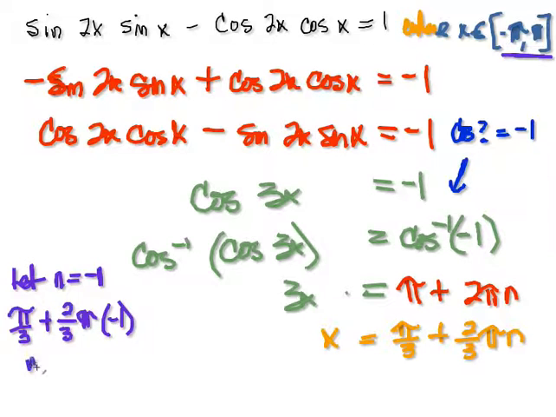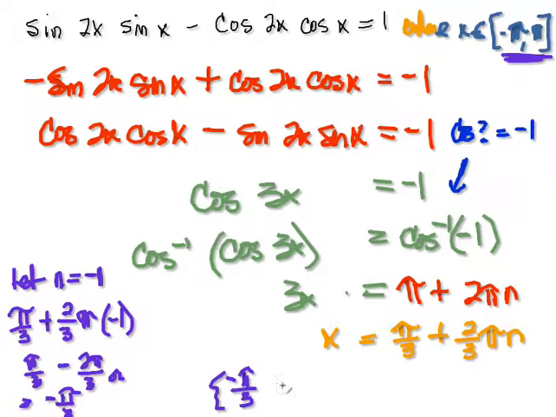So it would be pi thirds minus 2 pi over 3, that's going to be negative pi thirds. And so that's one of my possibilities. That's in that range, between negative pi and pi.